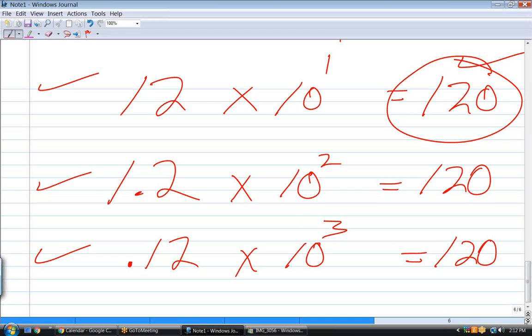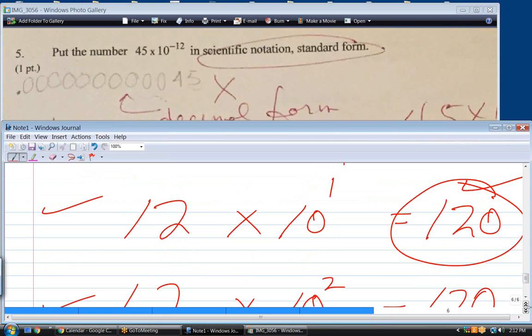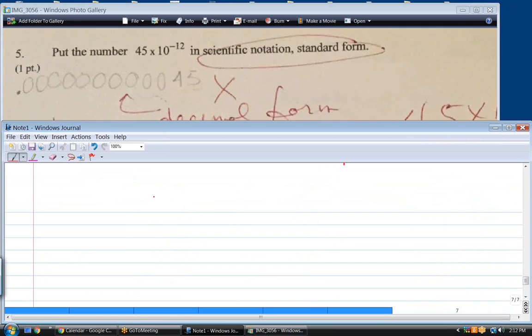So now let's look at this problem, which is relatively simple because we only have to move it 1 spot. I've got to change the 45 to a 4.5. Well, where's the decimal point? It's right there right now.